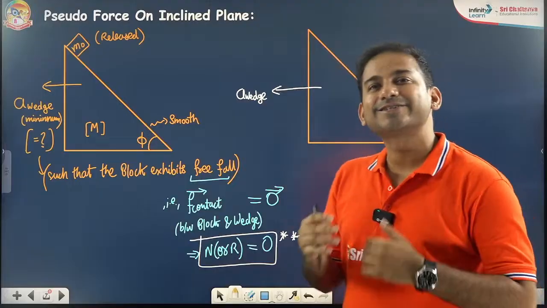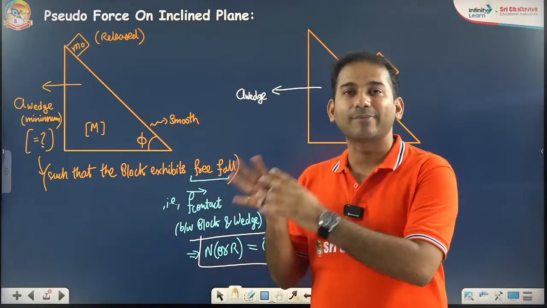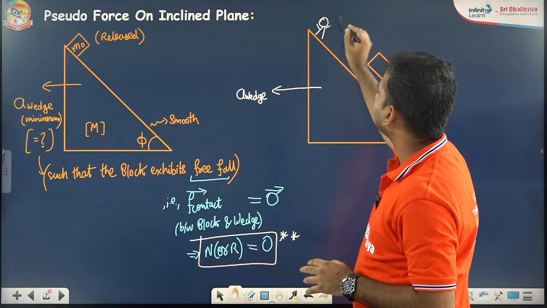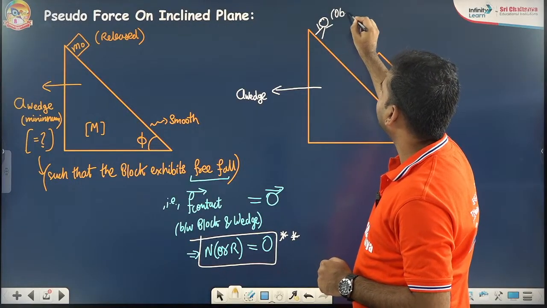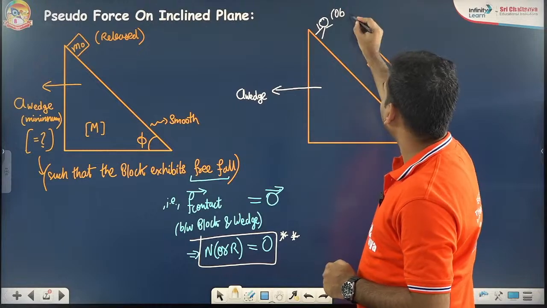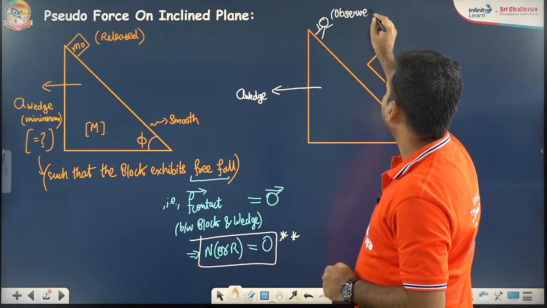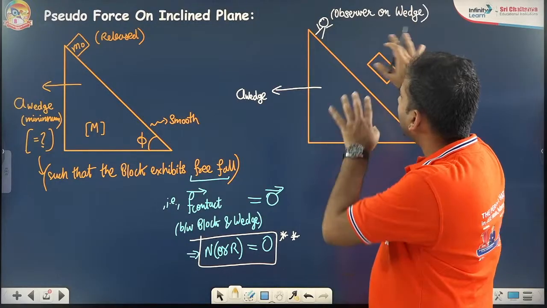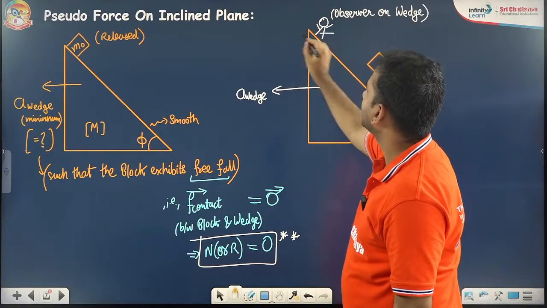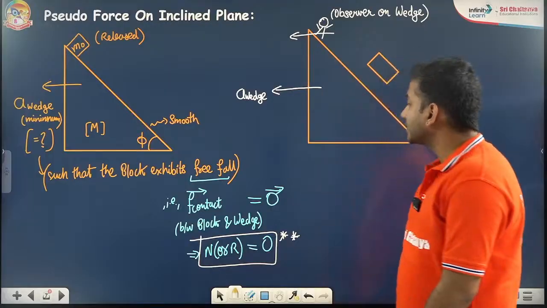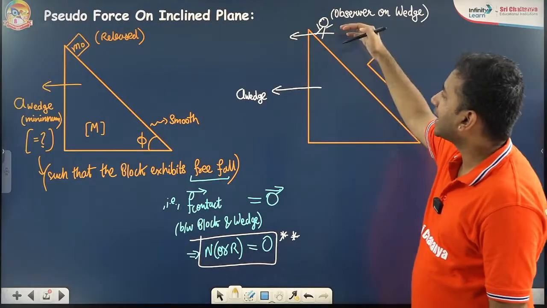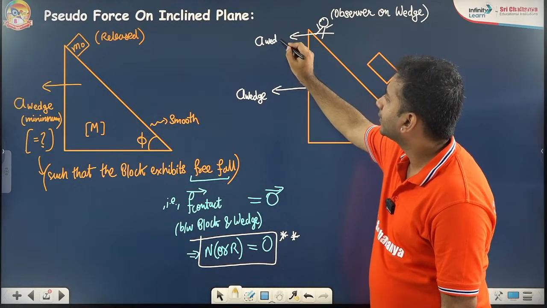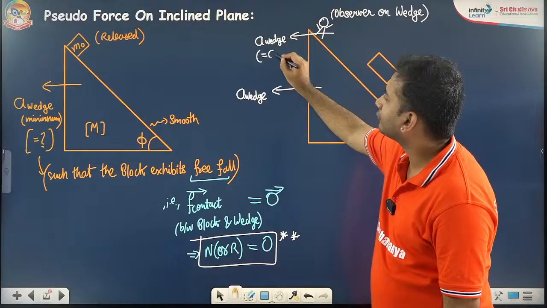But as I said, slowly I will take you towards the application of pseudo force only. So let me be the observer on the wedge. If I am the observer on the wedge, my acceleration is like this, equal to the acceleration of the wedge.